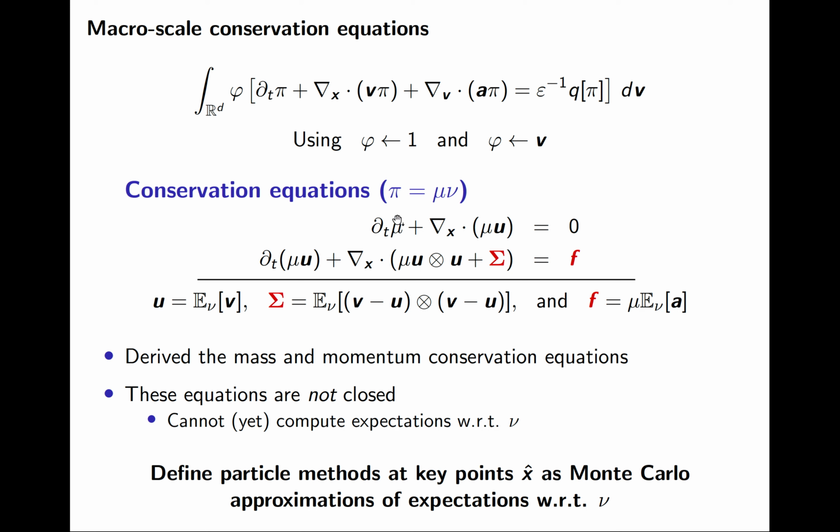You have your time derivatives, and then you have this advection term, so your mass is being advected around by some expected velocity u, and here again you have your momentum being advected around by the expected velocity u, and then you have some matrix sigma here. In typical models, this matrix is your constitutive law, right?